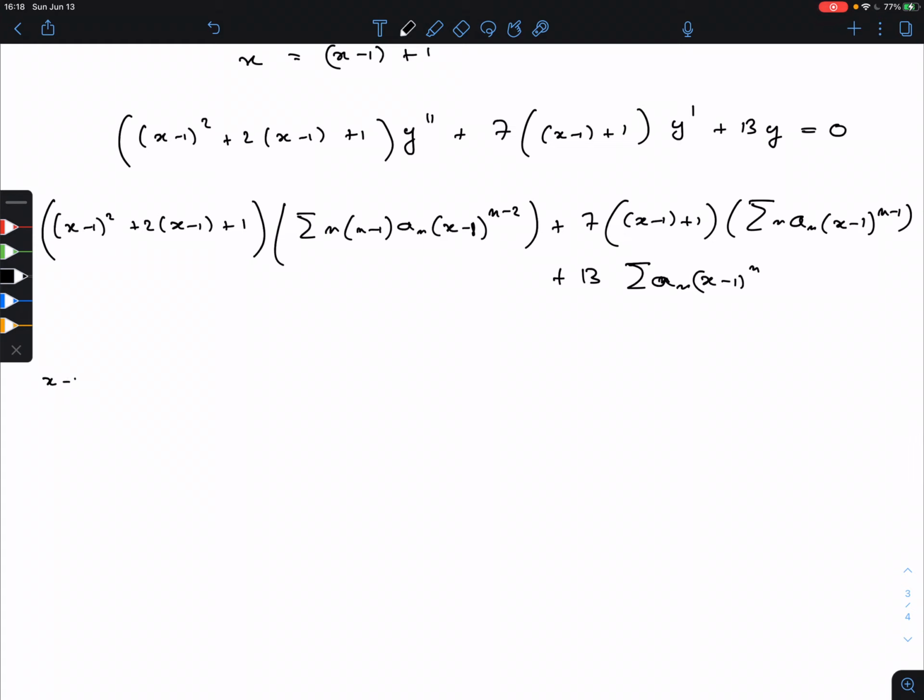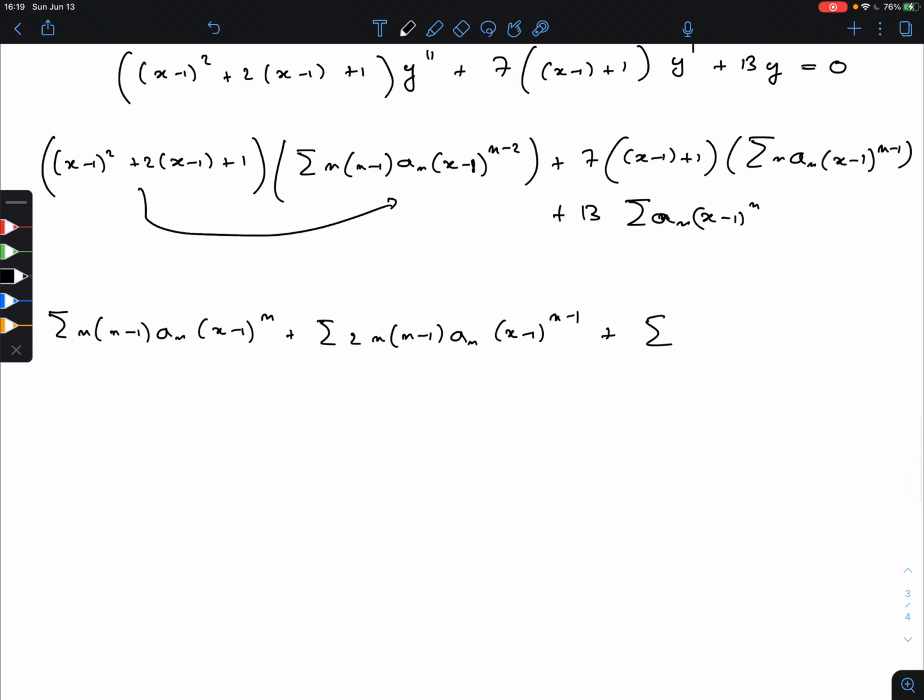So the first one will give me 3 terms, right? And I'm going to expand and combine the powers. So we get summation n times n minus 1 a n x minus 1 to the power n. The second term gives me summation 2n times n minus 1 a n x minus 1 to the power n minus 1, and the last one gives me n times n minus 1 a n x minus 1 to the power n minus 2.